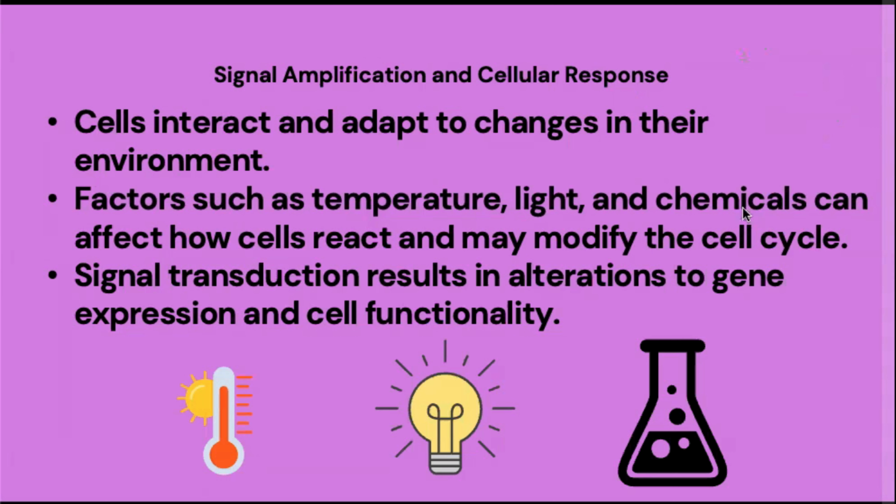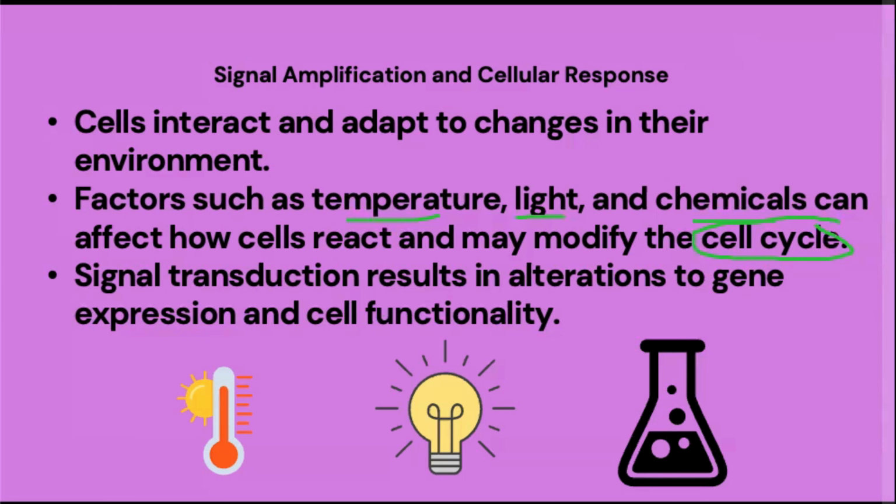So you could have an amplification response that is so strong due to factors like temperature, light, or chemicals, or it could get weaker and also be affected by these three factors as well. So this can essentially alter the way the cell responds, and the cell itself can be affected in what's called the cell cycling of that actual cell, which we will cover later on.